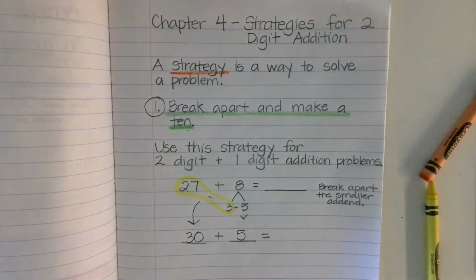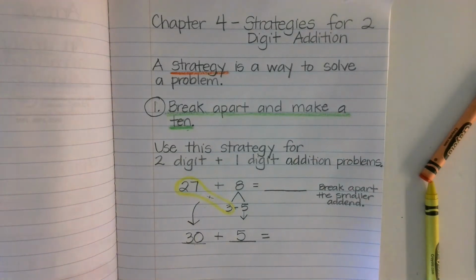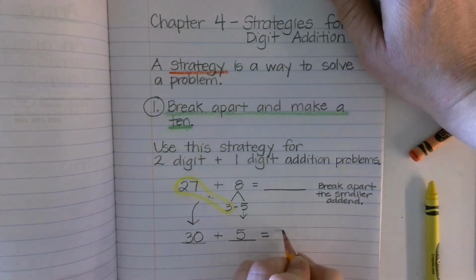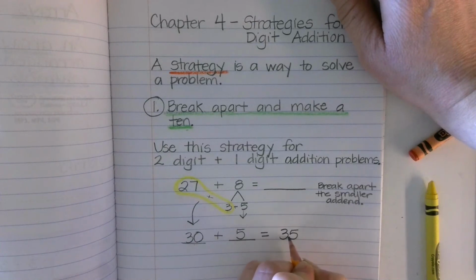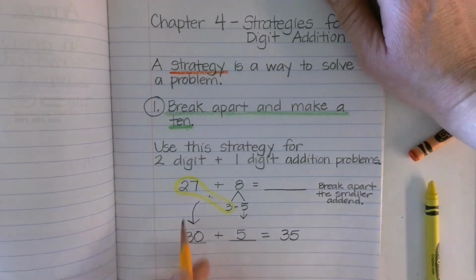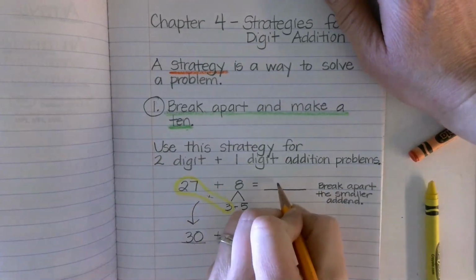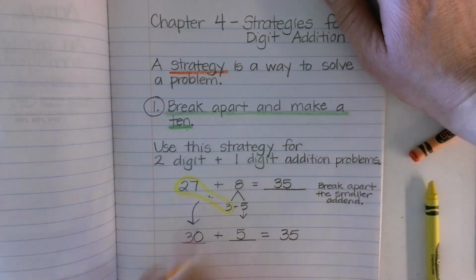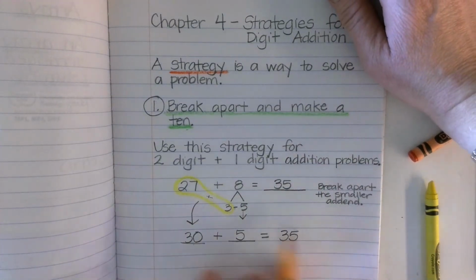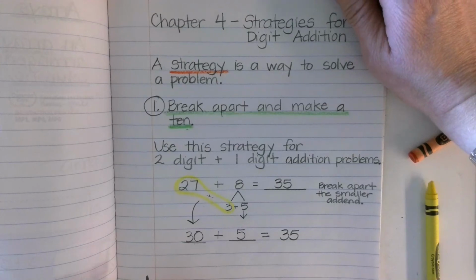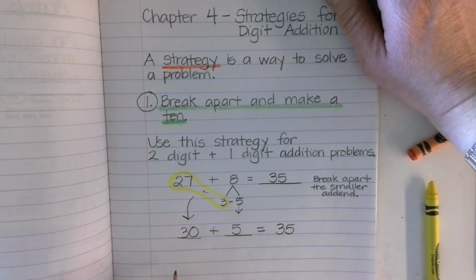And 30 plus 5 is super easy to add. So 30 plus 5, of course, is just 35. So that means 27 plus 8 is also 35. We've just made it into an easier problem so that we can use it.